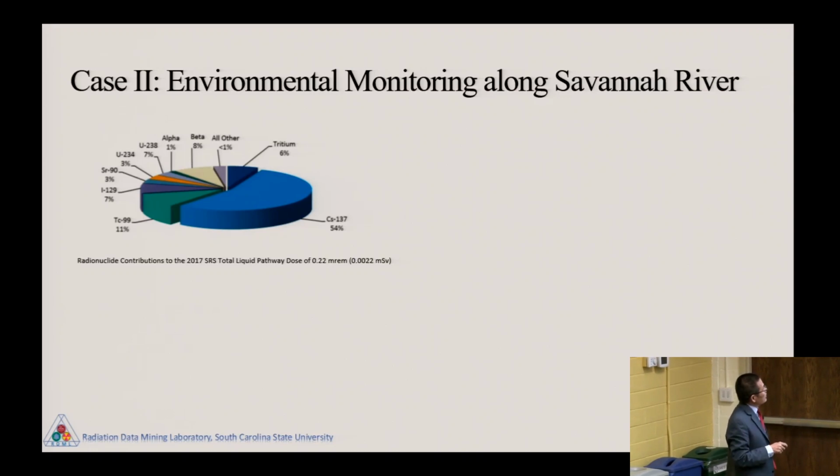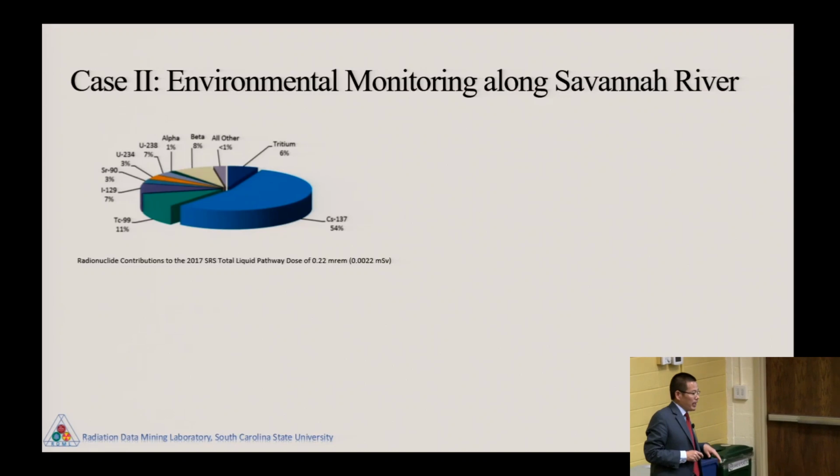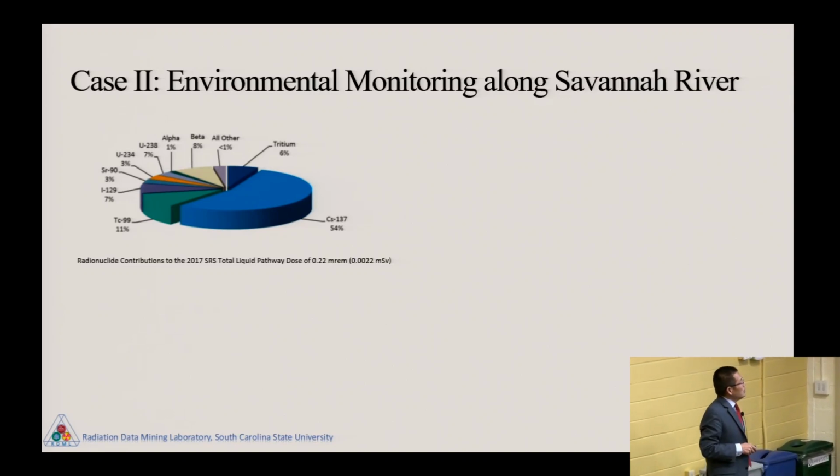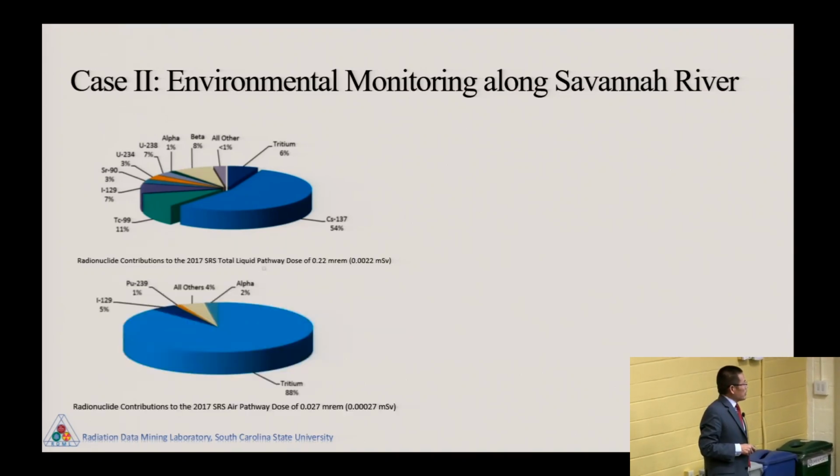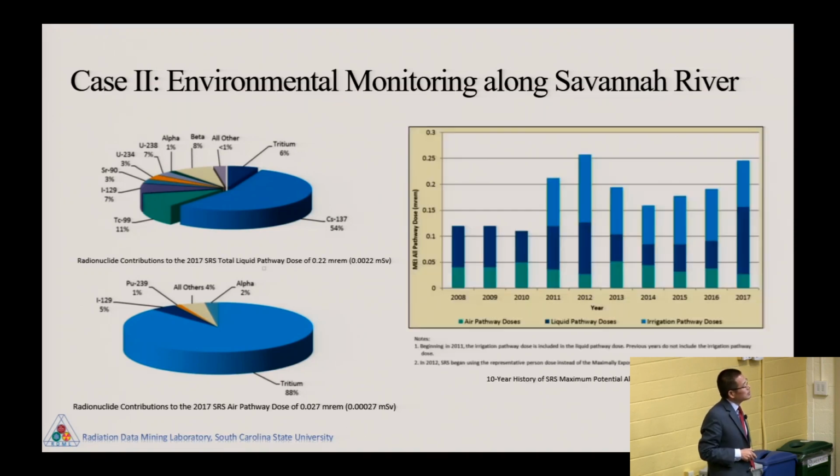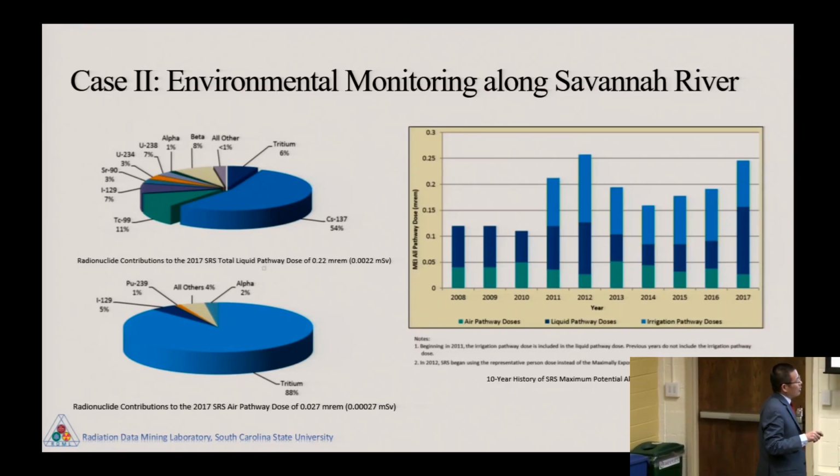And you can see that there's some cesium-137 and also a lot of tritium. They make the hydrogen bomb. And here are radionuclide contributions from those above this. This here is from the tritium, and also some plutonium and others. And here is the 10-year history of Savannah River maximum potential all-pathway doses.